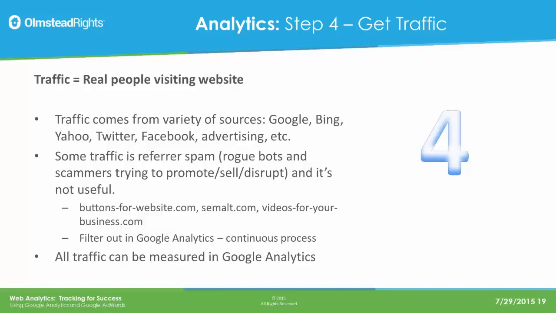So you'll see referrals from sites like Button for Websites, SEM Alt, Videos for Your Business, a bunch of those. Those are spam, and there's a way to filter them out in Google Analytics, and you have to continually look at those to get them out, because they will inflate your traffic. You will think you're doing a lot better, but your engagement rates will go down because these typically don't engage with your site at all. So you want to get those out of the mix, and that's something very key.